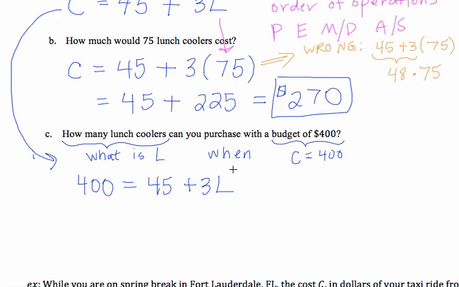So the 45 we're going to move over by subtracting 45 from both sides. Okay, and that gives us, let's see, 400 minus 45 is going to be 355. And 45 minus 45, those cancel. So we have 355 equals 3 times L.